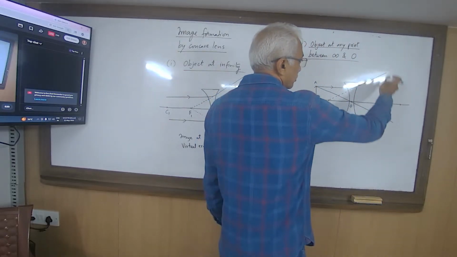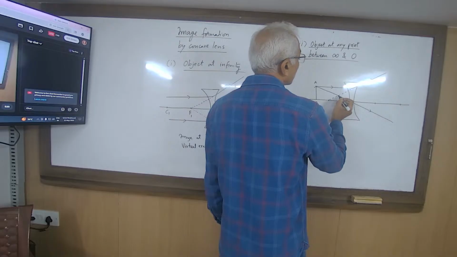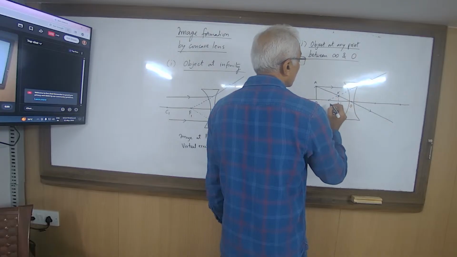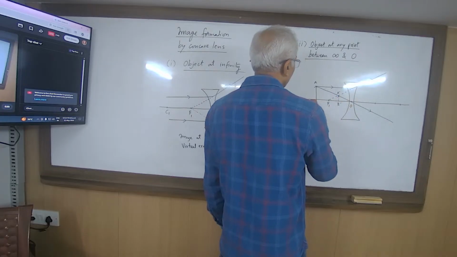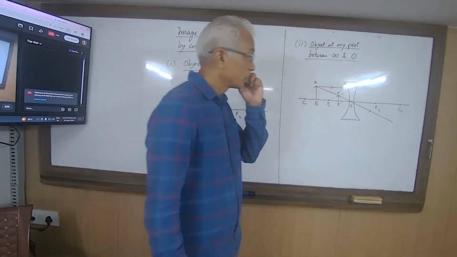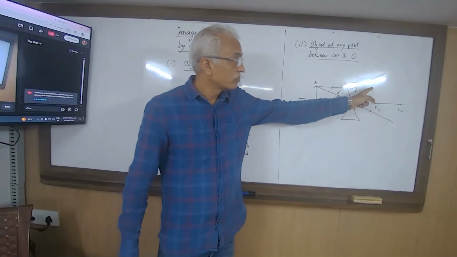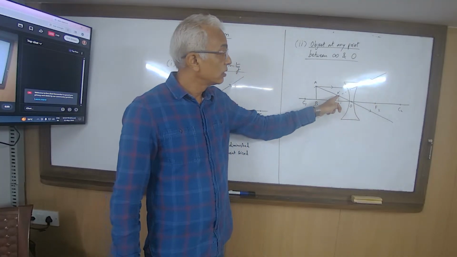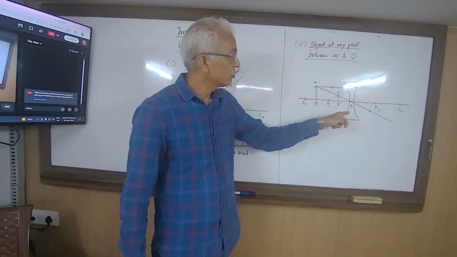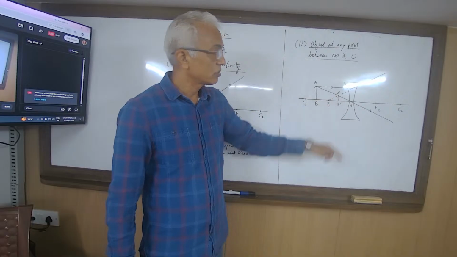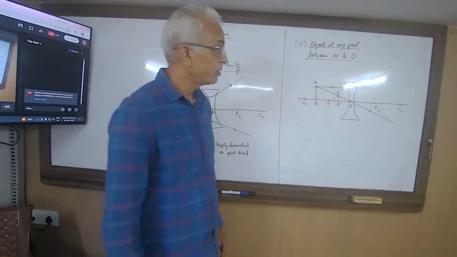Anybody who observes these diverging rays from this side will feel that it is diverging from this point. So wherever the point of divergence is, that is where the virtual image will appear to form.